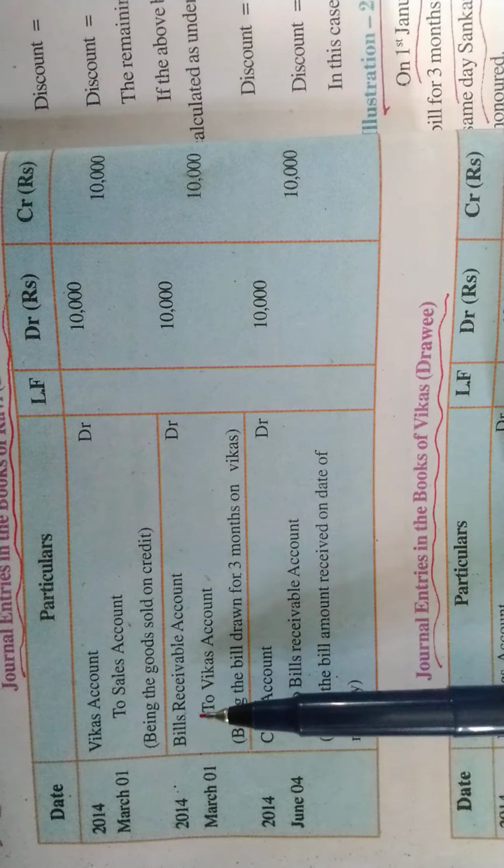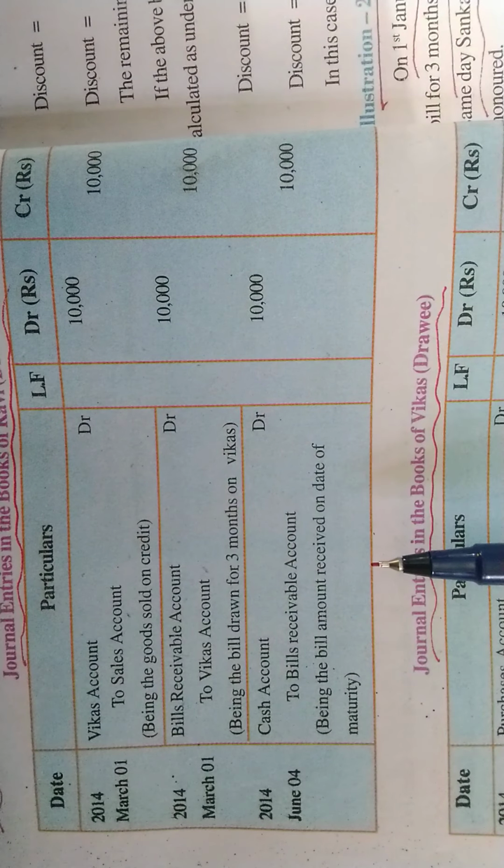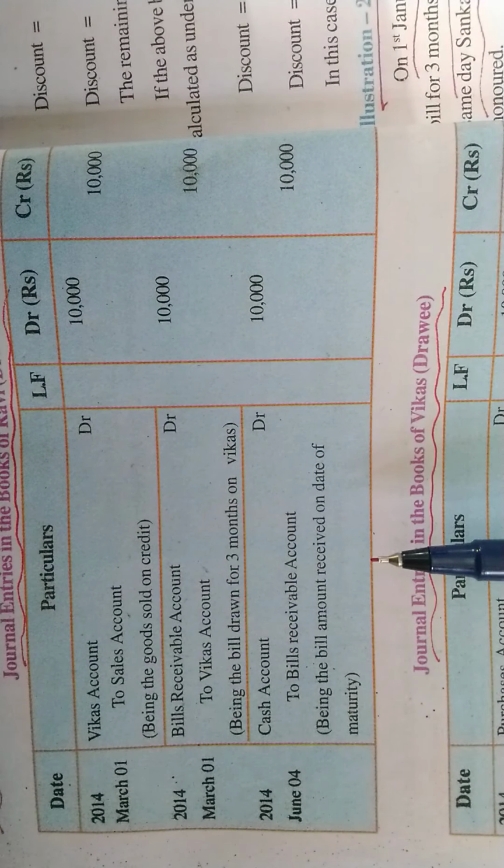Cash received. That's why here we write cash account debit 10,000 rupees to bills receivable account 10,000 rupees. The narration is being the bill amount received on date of maturity. That's why the bill is honored, and these are all the entries in the journal in the books of the drawer, who is known as Ravi.